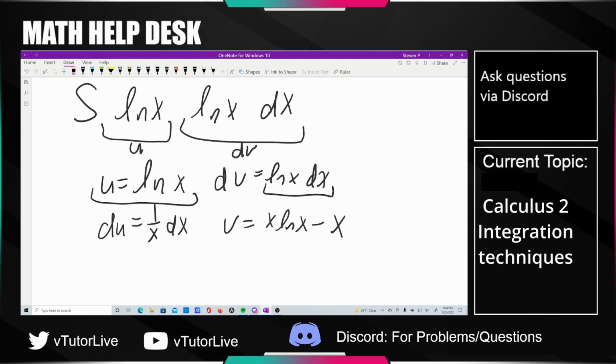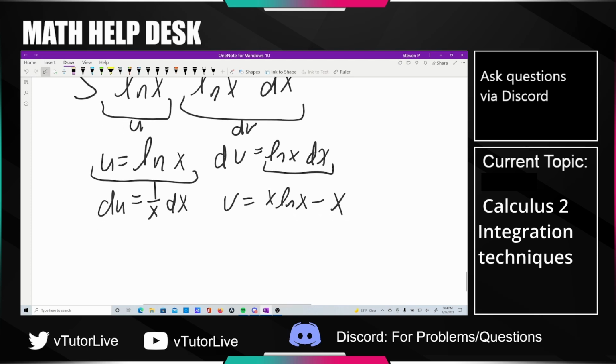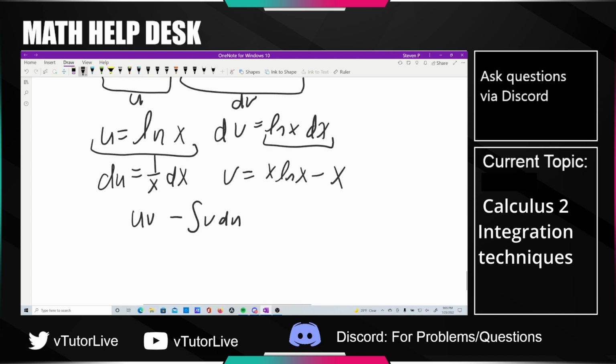Yeah. So I won't go through the derivation right now, but going from dv to v, ln of x dx is a very standard integral, and this is just the result, x ln of x. And what happens here is, just like you said, uv minus the integral of v du. What do we get?